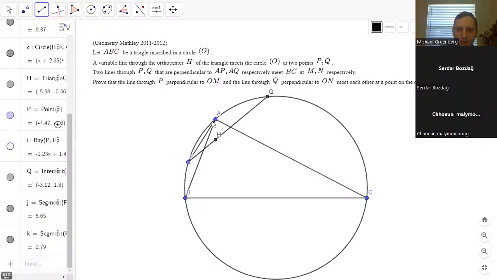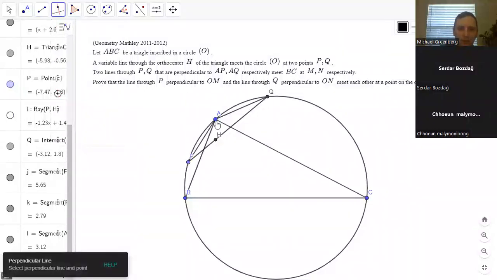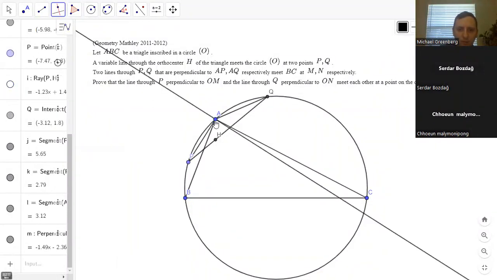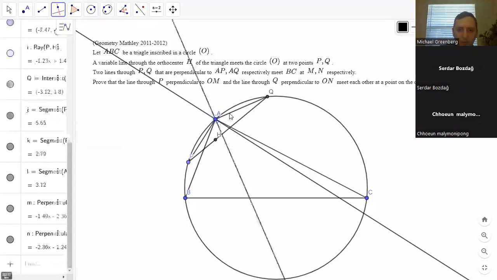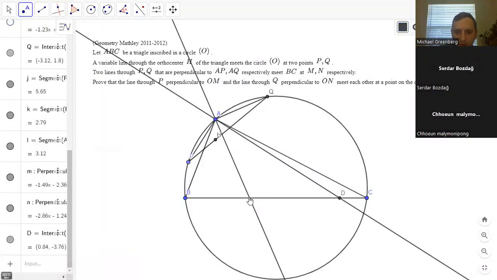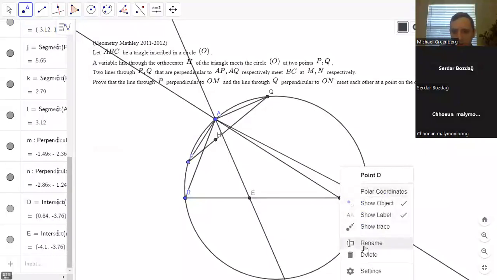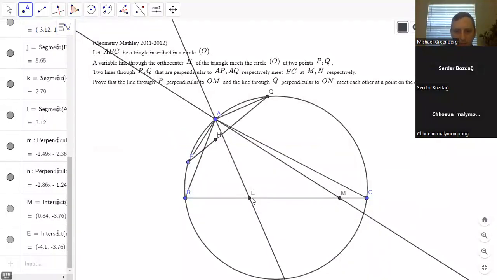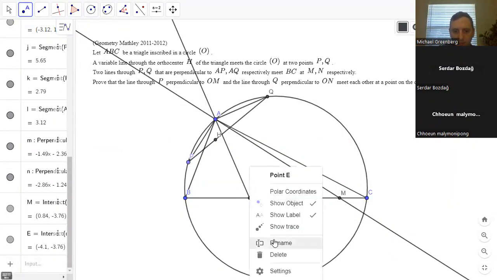Oh, I think I've seen this before. I forgot how to do it though. I think it had like a pretty elegant proof. We want to see where they meet BC, at M, but yeah, I'm not 100% sure.